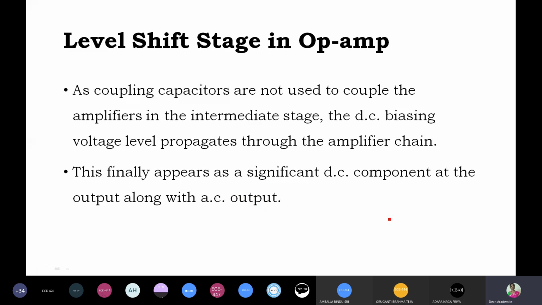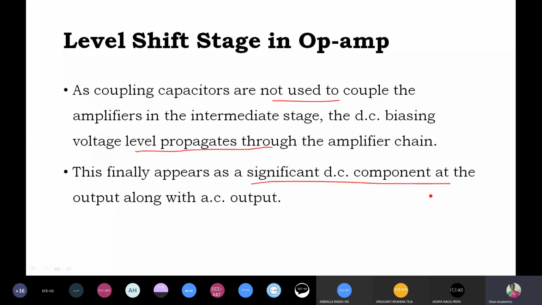Because the coupling capacitors are not used, the DC signal propagates through the amplifier chain, and finally there will be a significant amount of DC component at the output of the amplifier.